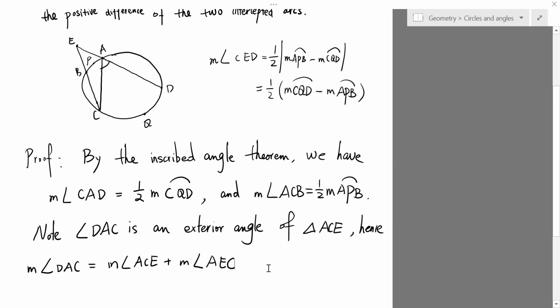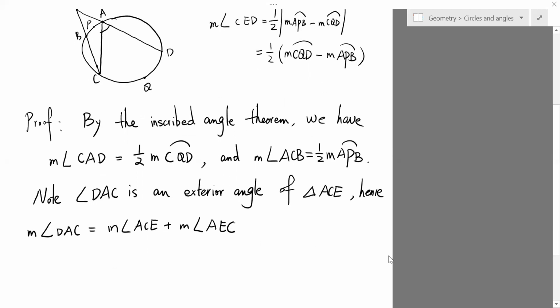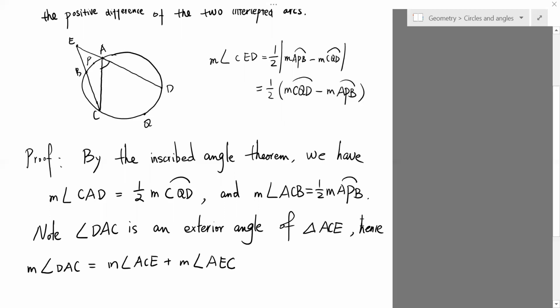And recall that the angle AEC, which is this angle up here, is precisely the angle CED, which we want to evaluate the measure of. So we could make the following algebraic manipulation to finish up the proof.